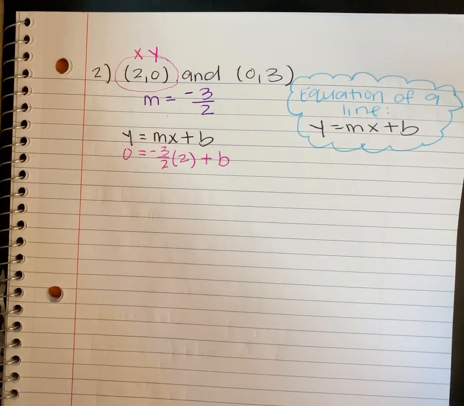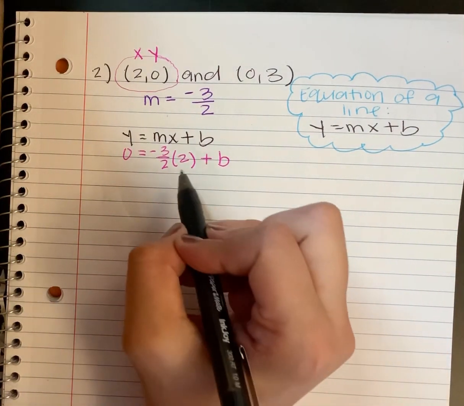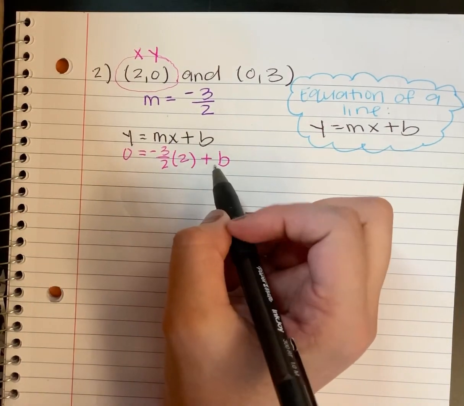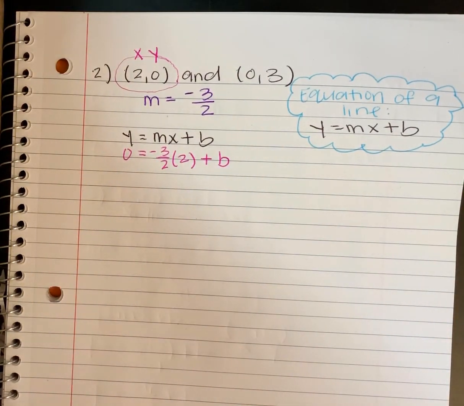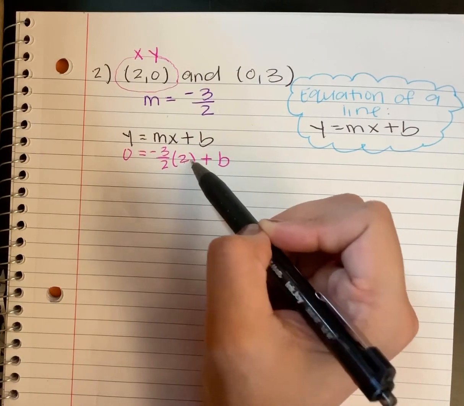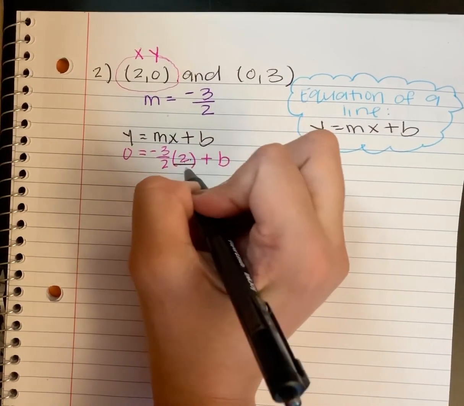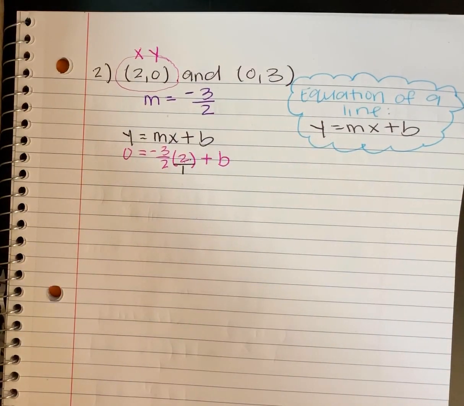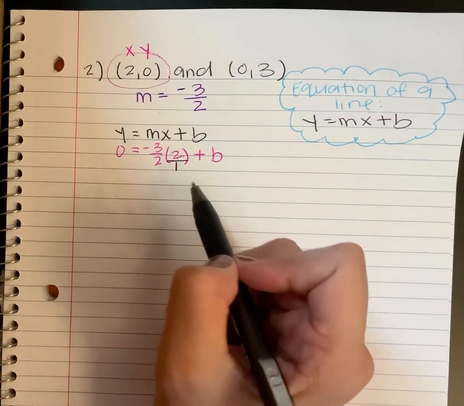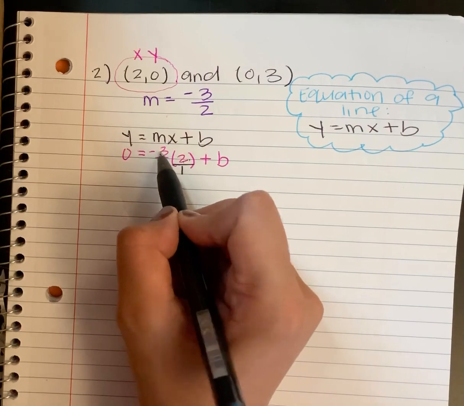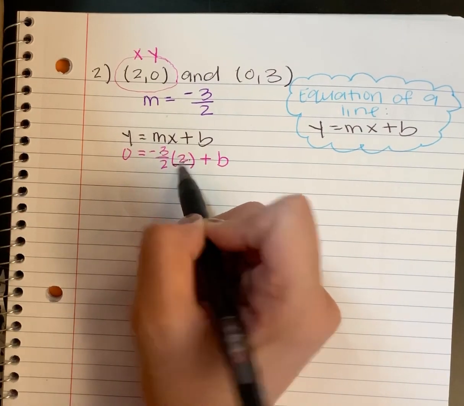So let's go ahead and multiply. When we're multiplying fractions next to each other, we know that we have to multiply straight across. However, this is not a fraction, but I can make it a fraction. If I put this over 1, now I have a fraction, and we can multiply straight across. Well, what is -3 times 2?